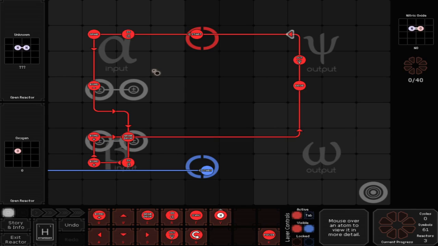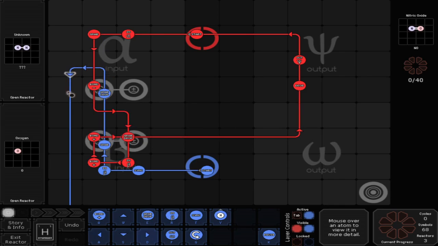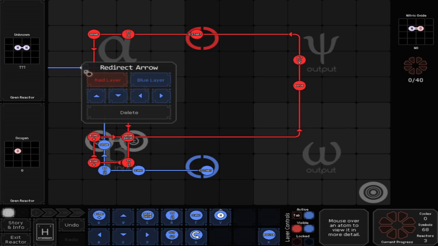Now, likewise, blue is going to have to wait just so that he and red don't fight over the same oxygen atom. And blue's going to call in the next atom, and then just... actually, I don't have to loop around that way.